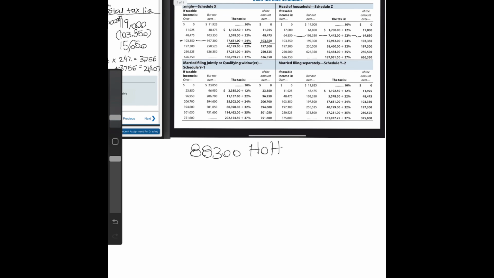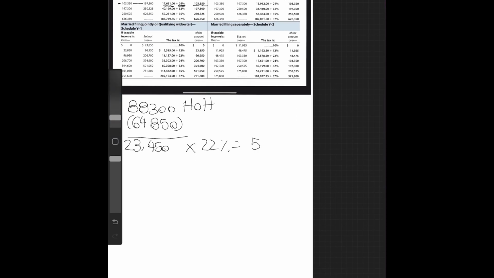Okay. So we take 88,300 just like we did over here. Subtract 64,850. Which will give us a result of 23,450. Take that number, multiply it by your marginal rate, which is 22. You get 51.59.